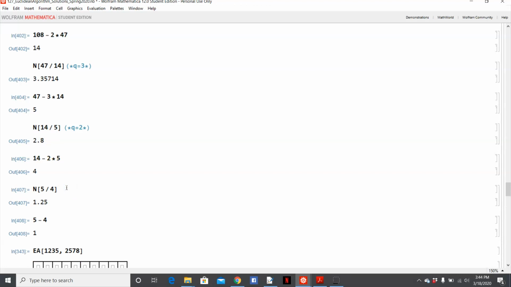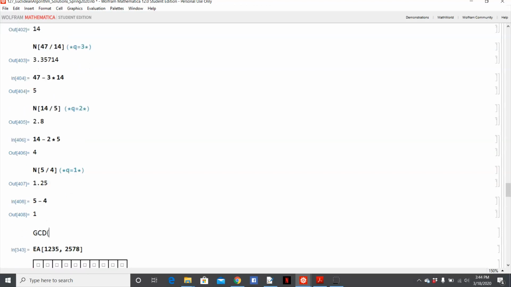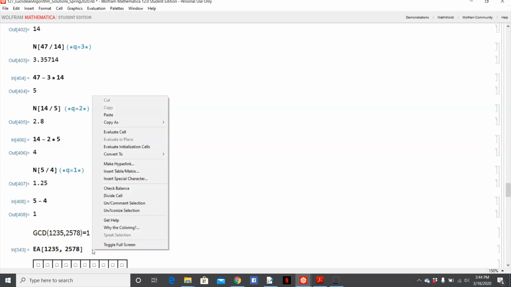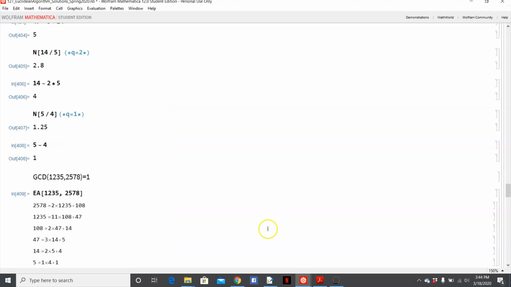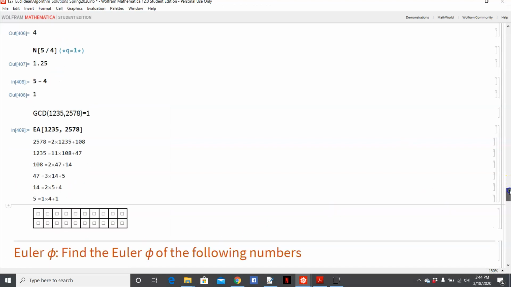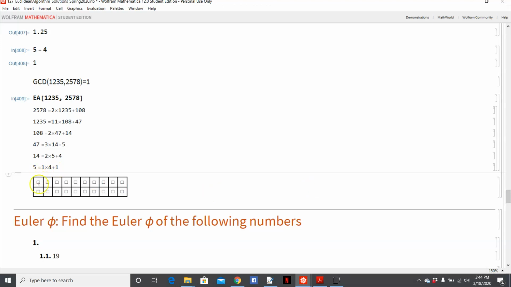Okay, so that's telling us that the GCD of 1235 and 2578 is 1. So 1235 is invertible mod 2578. All right, once again, that just, as I said, makes it look pretty so it's easy to follow on the screen.